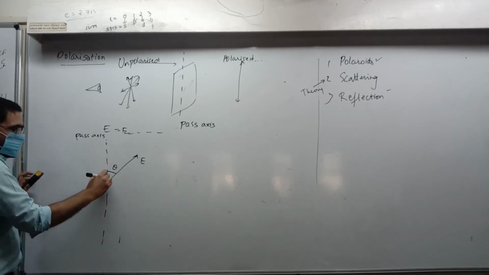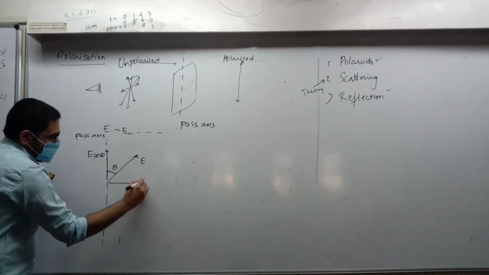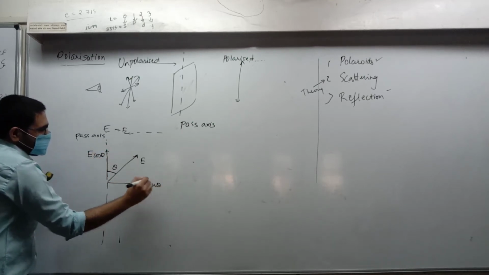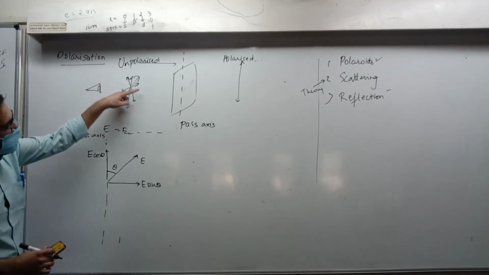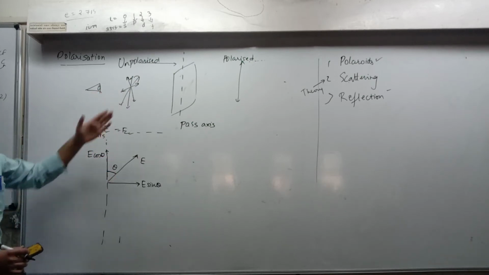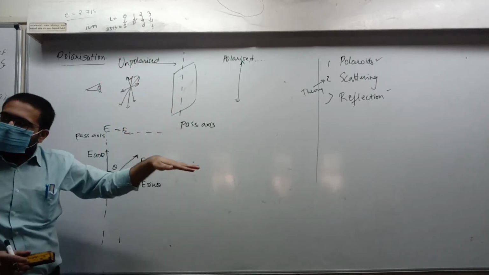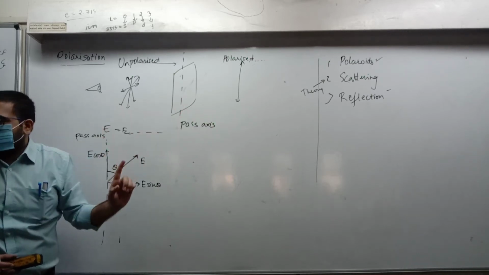So E has two components, correct? Understood? Which will pass, which will be blocked? E cos theta passes, E sin theta is blocked. Sure? So for all these electric fields, if the pass axis is vertical, their horizontal components will all get blocked. Only the vertical ones pass. Got it?